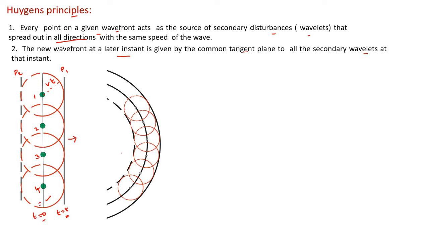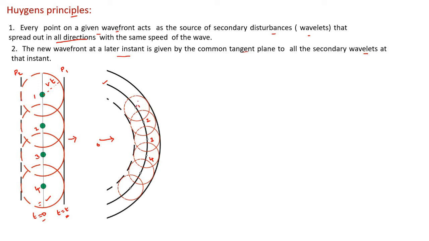Okay, the same thing is there for a spherical wavefront also. So it may be some O here. The waves propagate this way. This is the given wavefront. Take points, say 1, 2, 3, 4, etc. Few more are there, but let's consider only these 4 points as centers.